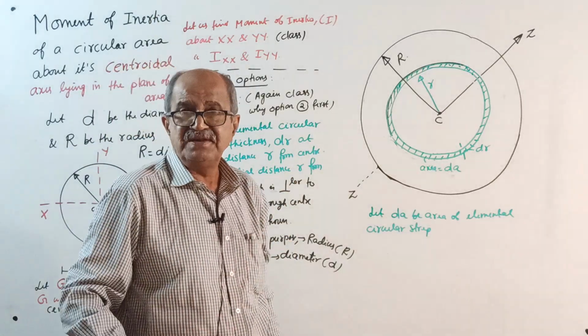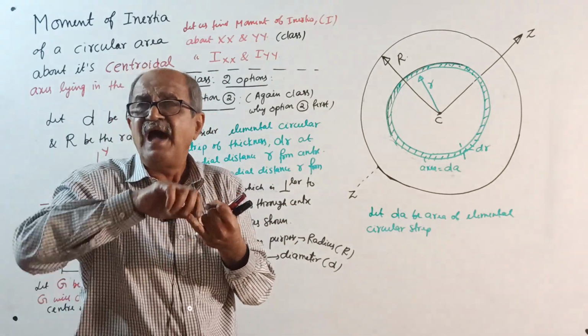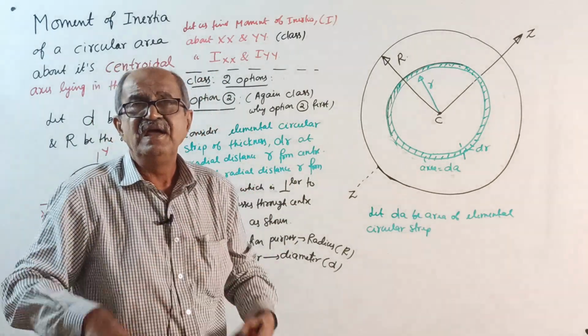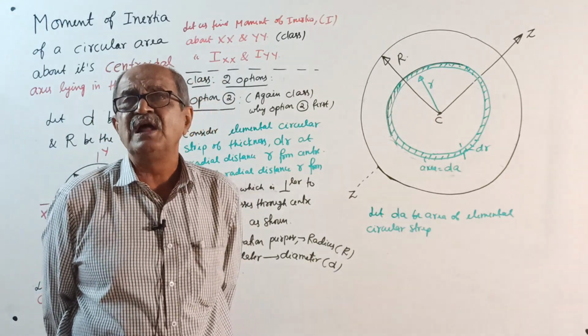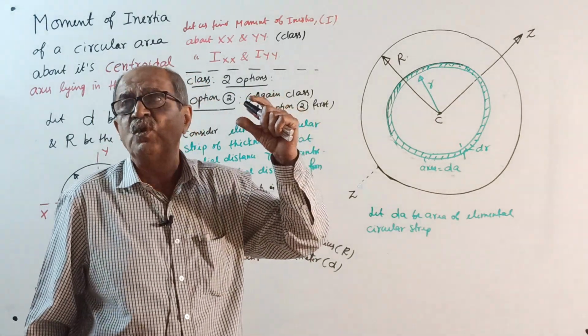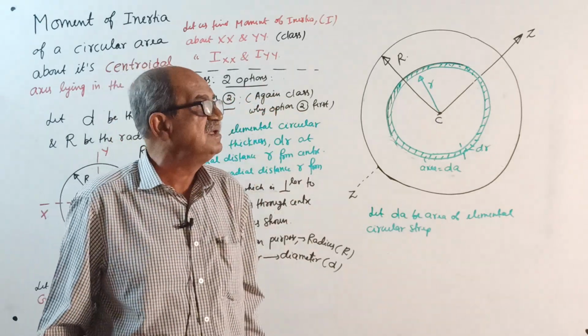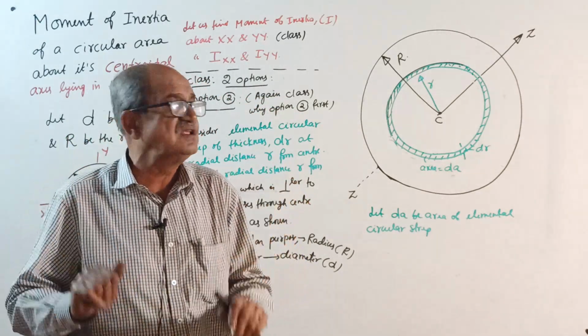Tomorrow's class, next class, is moment of inertia for semicircle and quadrant of a circle about centroidal axis. Lot of people get confusion there about when to use pi d power 4 by 64 or some decimal numbers. I will make it fully clear with the correct logic and reasoning.